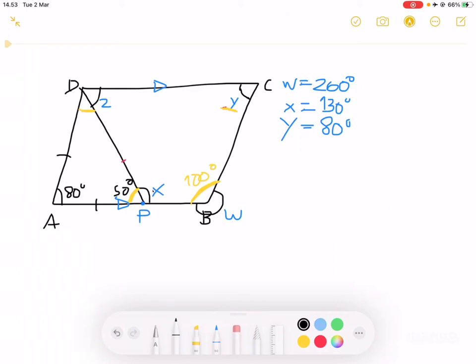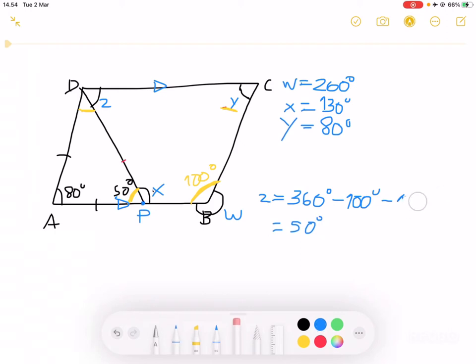So from here we can just find Z right away. So Z must be equal to 360 degrees minus 100 degrees minus 130 degrees minus 80 degrees. And you can just calculate this to get the final answer of 50 degrees as well.